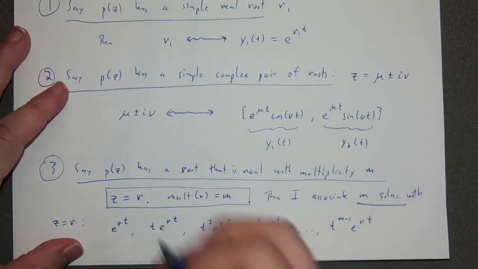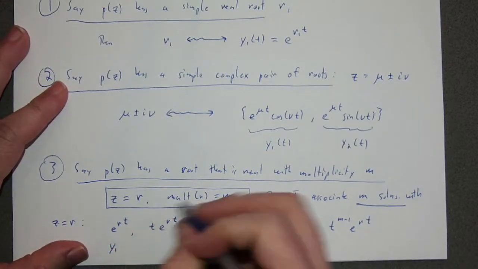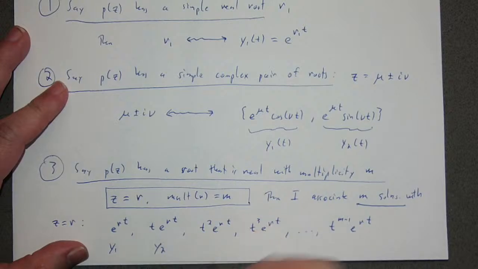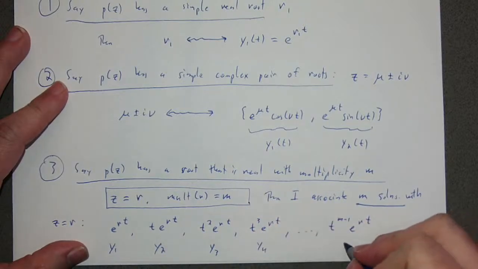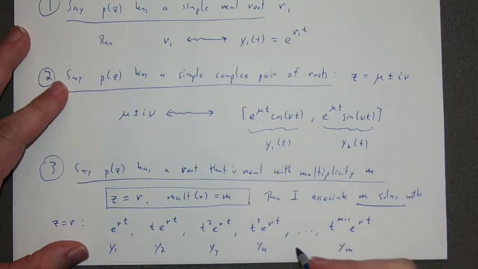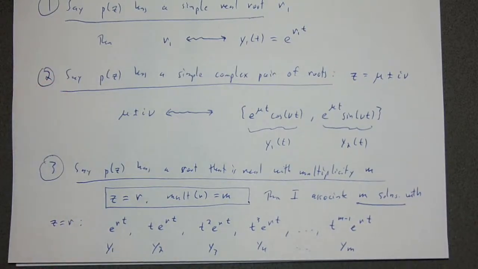So this would be y sub 1, this would be y sub 2, this y sub 3, this y sub 4, and so on, all the way up to y sub m.